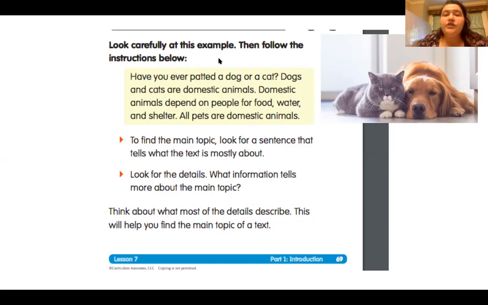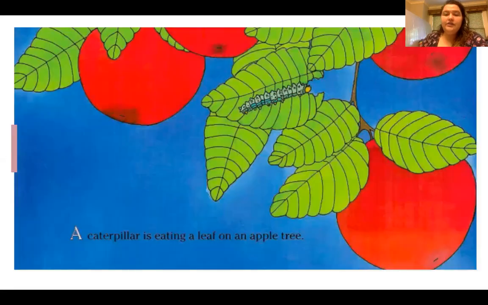And then, so domestic animals would be the main topic. You could say domestic animals depend on people for food, water, and shelter. That would be a good main topic sentence. And then a key detail about it would be that dogs and cats are domestic animals. That's something that tells us about the main topic. Good.